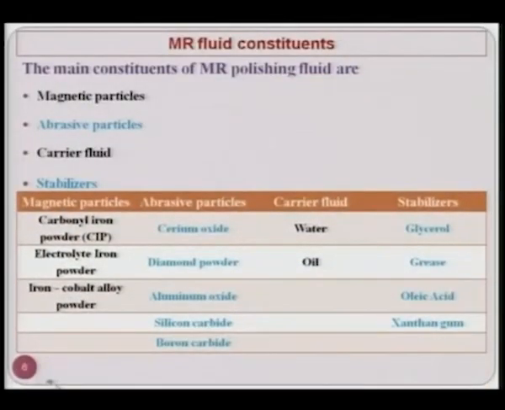Now, this table gives you the various magnetic particles used in MR fluid, the abrasive particles, the carrier fluids, and the stabilizers used. You can see here carbonyl iron powder or carbonyl iron particles, acronymed as CIP, then electrolytic iron powder, then iron cobalt alloy powder. These are the magnetic particles. Then we have abrasive particles, namely cerium oxide, diamond powder, aluminum oxide, silicon carbide, boron carbide.